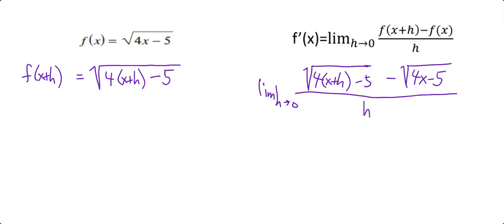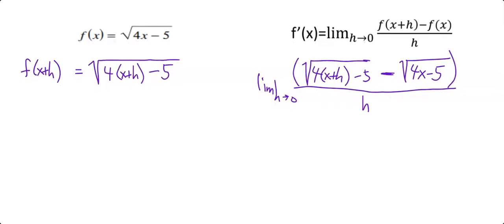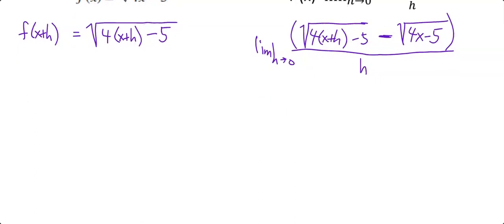So we've got to do some simplifying here because we can't cancel out any h's, but we can use the difference of squares. We can take this top thing, which is this minus this, and multiply it by the same thing plus this. So I'm going to move all this up just to give us some more room to work with.